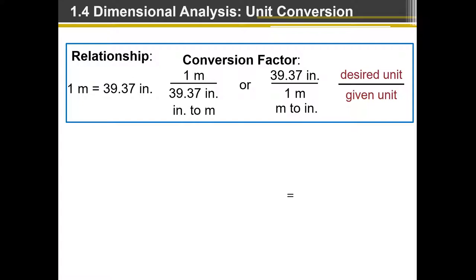For example, if you're converting a meter to an inch, you either have 1 meter per 39.37 inches or the opposite. Which one you will use is going to be the given unit in the bottom and the desired unit on top.